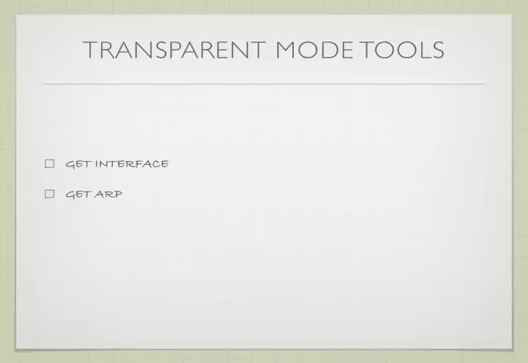Now, since we're operating as a switch, we're probably going to be playing more at the ARP level, but you might need to see packets coming in on a particular switch port interface operating in layer 2. You can also use the MAC learning table to see what's happening with the collection of MAC addresses on the device. And you can also still use the session table to see what your policies are up to.